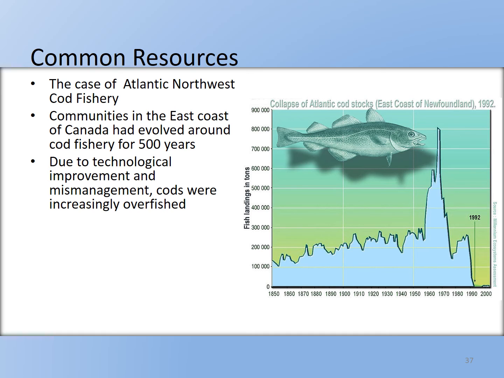This growth was accompanied by an equally rapid crash. By the 1970s, we're talking about a catch of only about 150,000 tons, despite all the new technology, right? We're not talking about a sudden destruction of technology or fishing boats.